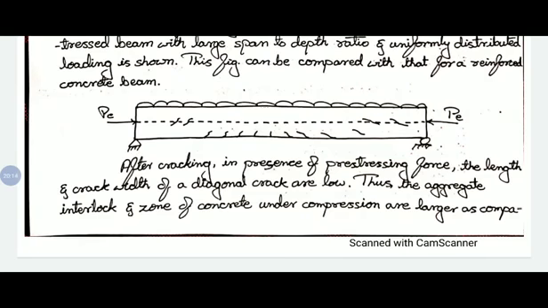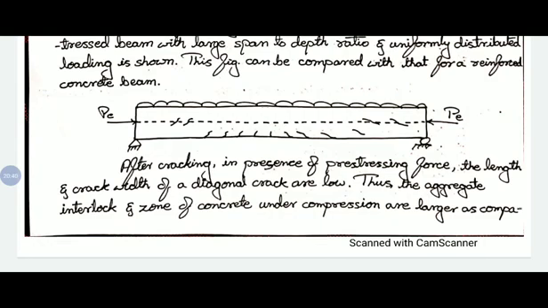That means the resistance due to interlock and the hardened concrete in that particular zone is larger when you compare it with a non-pre-stressed beam under the same load.